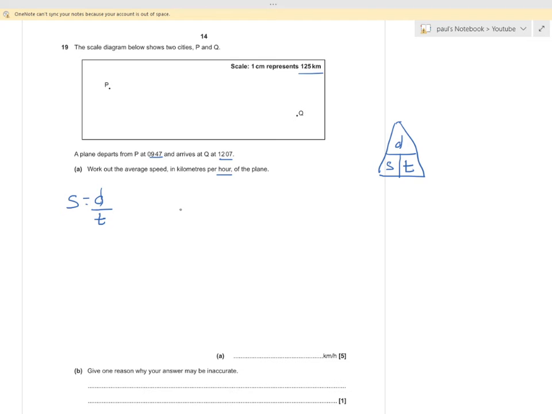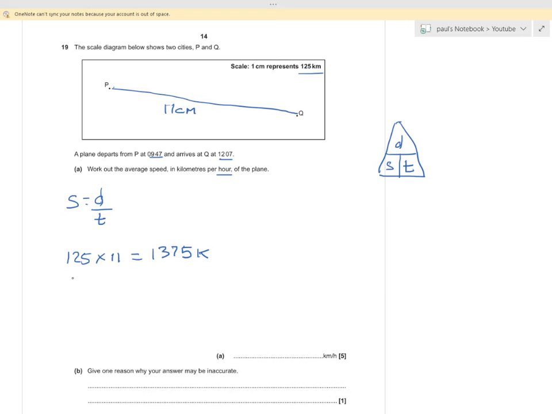So I'm going to say that is 11 centimetres from there to there. 1 centimetre is 125, so the distance is 125 times 11. So 125 times 11 equals 1375 kilometres.